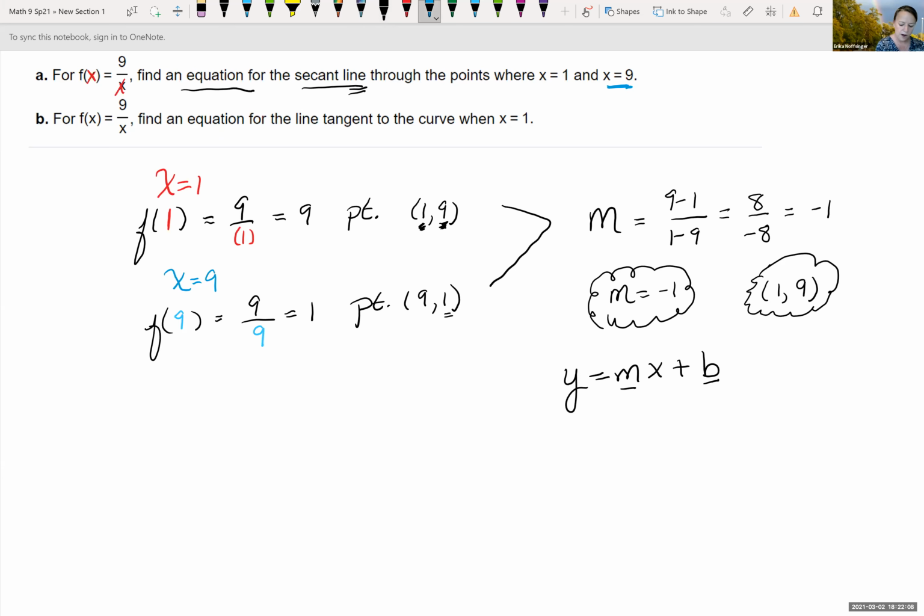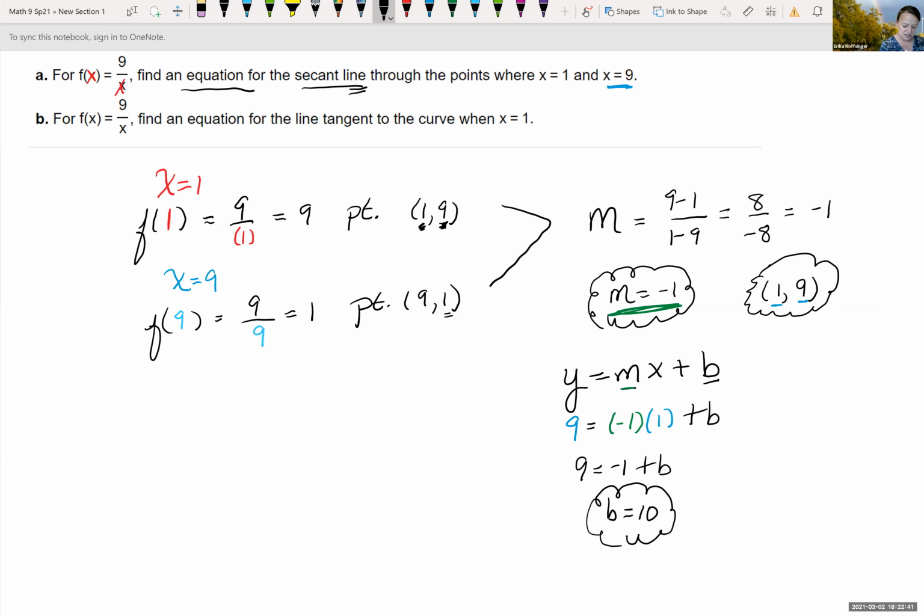So my y value here is 9 is equal to my slope, which we said was negative 1, times x, but x in this point is 1, plus b. So we have 9 equals negative 1 plus b. Let's add 1 to both sides of our equation. We get b is equal to 10.